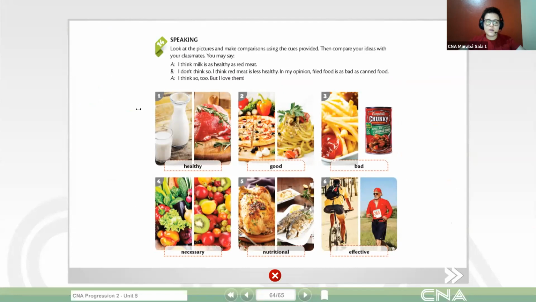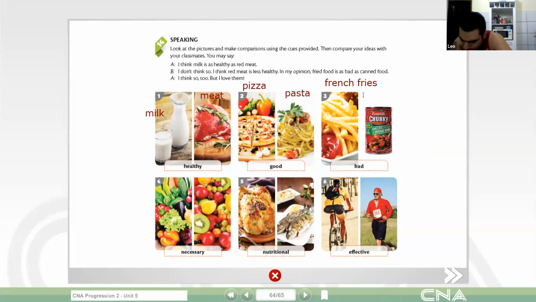In number one, we have milk and meat. In number two, we have pizza and pasta. In number three, we have French fries and, what is this?